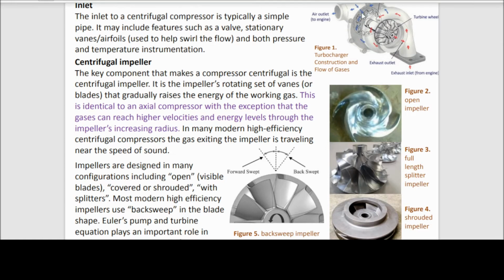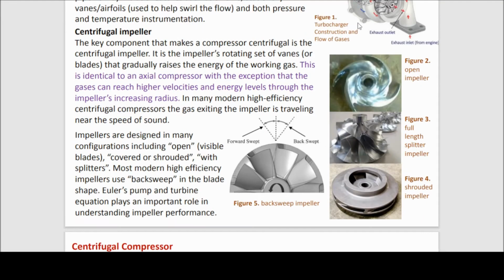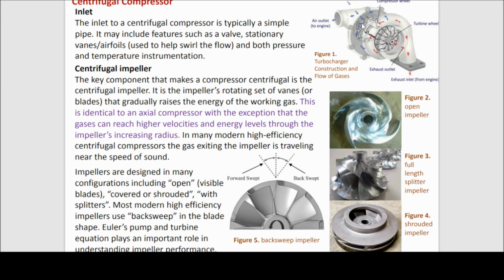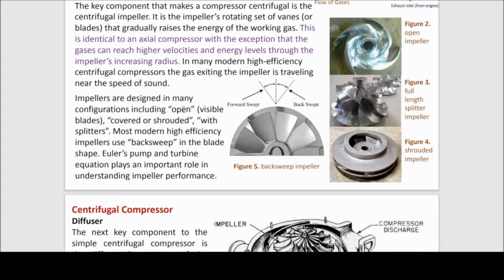Air comes to the eye of this compressor, and it compresses that air using the work of this turbine and feeds it to the engine. So this is a turbocharger, and you see these types.